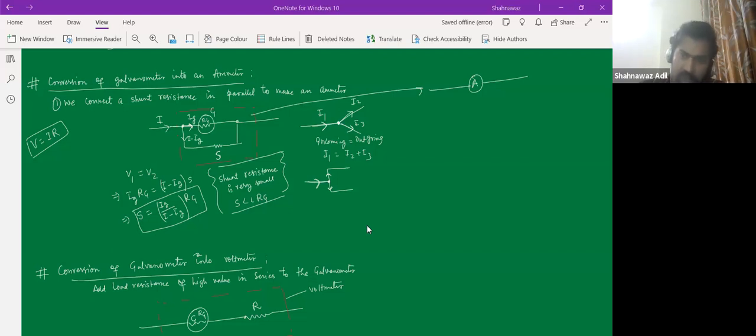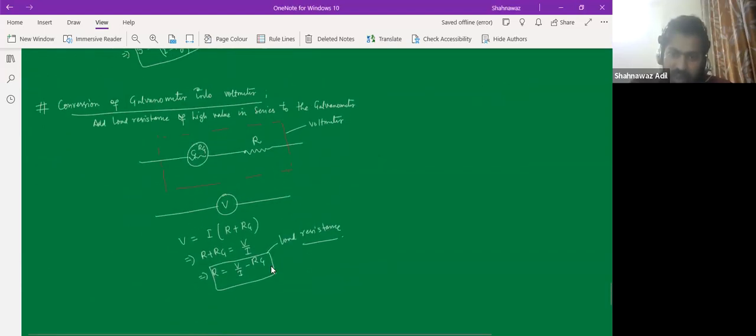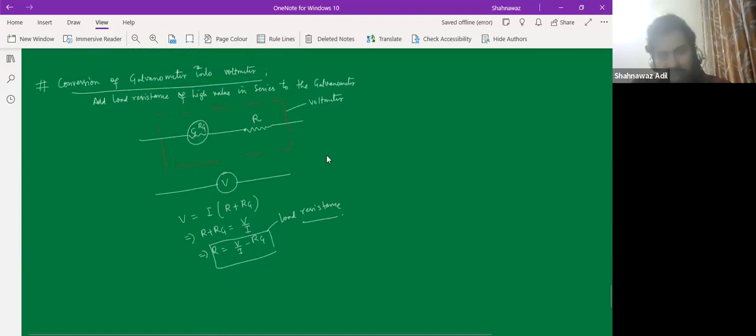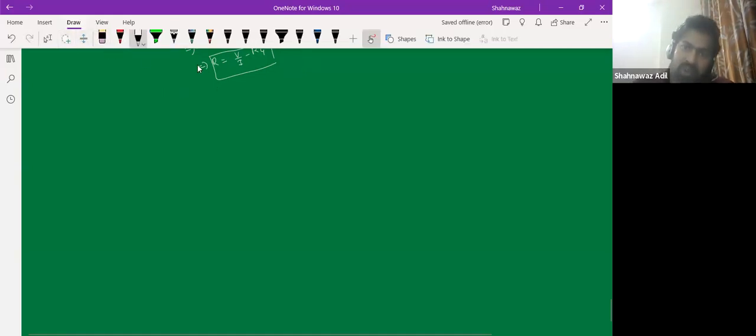Okay, sir. Done. Okay, so this part you also noted, right? This thing you also noted, right? Yes, sir. Then let us do this problem, and then you will see how the shunt resistance and load resistance are important.